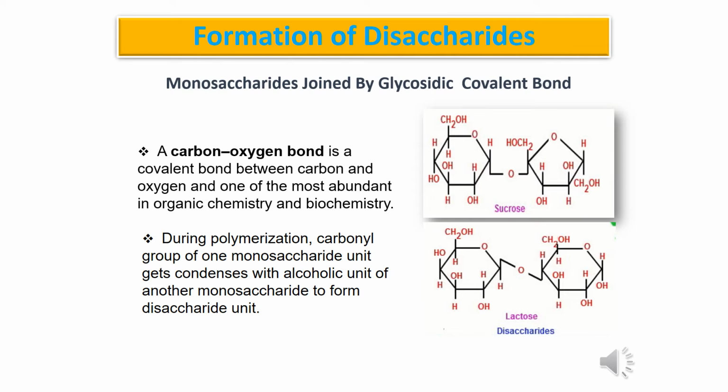So in the first example, in sucrose, alpha glucose is linked to fructose to form sucrose. Upon hydrolysis we will get two monomers, glucose and fructose. And one more example is lactose. Lactose is formed by the fusion of glucose.